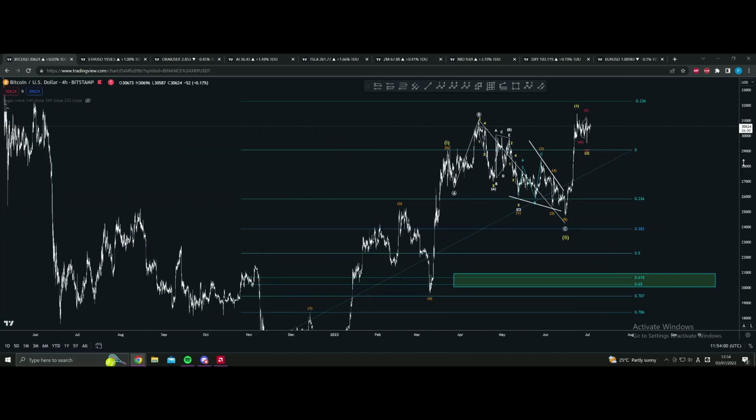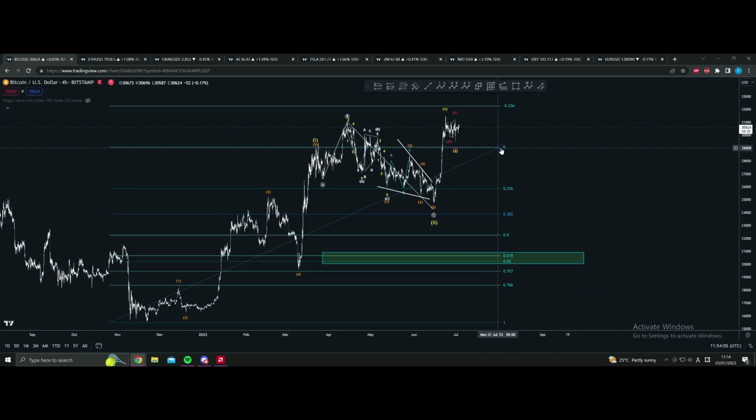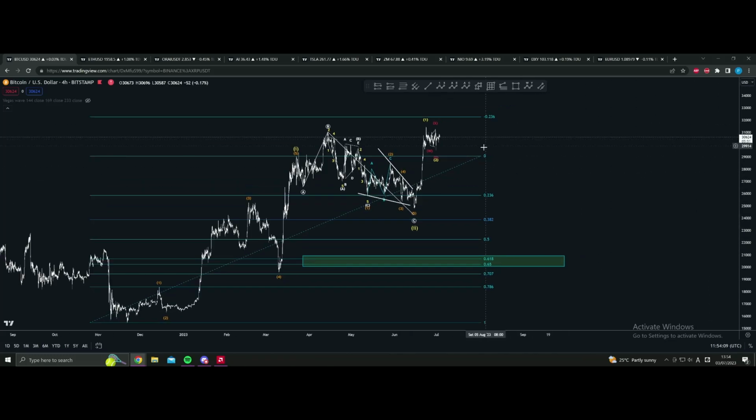When it comes to flats, those types of corrections are, let's say, impatient for the market to continue moving on. So they're shallow, they're not as deep as zigzags, they're not so sharp.